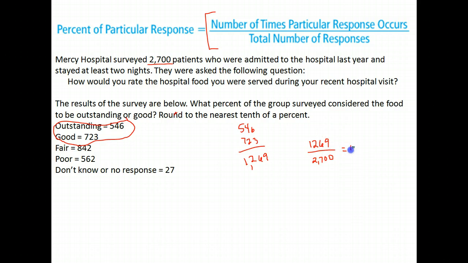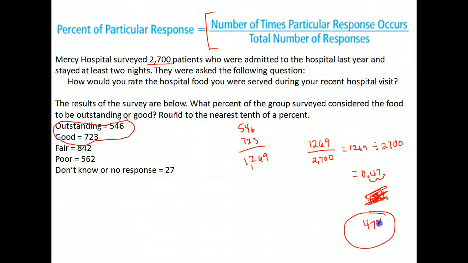So we divide 1,269 by 2,700. That gives me 0.47. Now we want to write that as a percent, so we move the decimal 2 places to the right, and our answer ends up being 47%. Let me rewrite that a little prettier. There we go. 47% of people surveyed said the food was either good or outstanding.